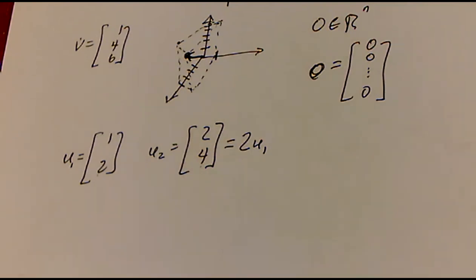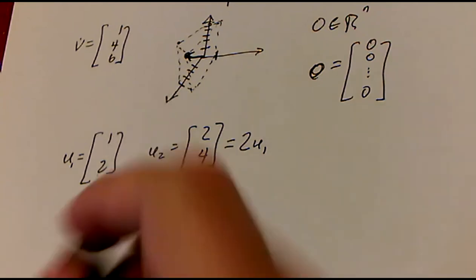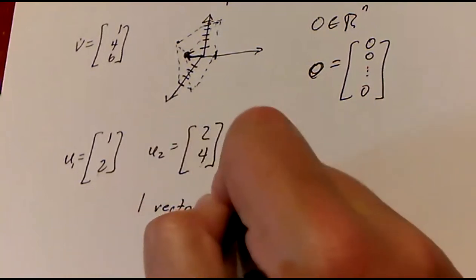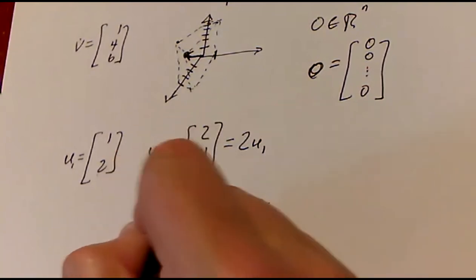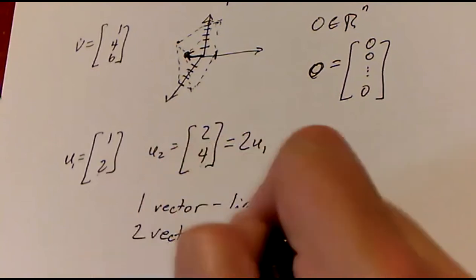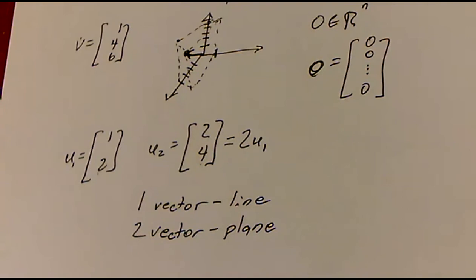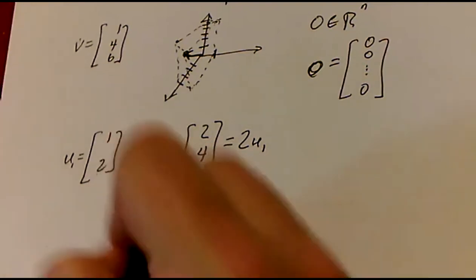If I go to R3 then, if I have one vector, I still have a line. Two vectors make a plane. That's in R2's case the whole thing.